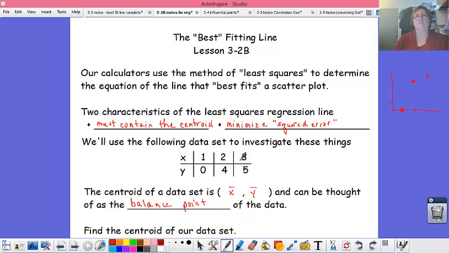That would mean sum the x's, 1 plus 2 plus 3, which is 6, and divide by 3, since there are 3 data points. 6 divided by 3 is 2. And the average y here is 0 plus 4 plus 5, 9, divided by 3, and that's 3. So our centroid is the point (2, 3).